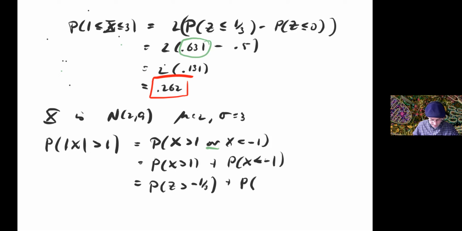You're going to get negative 3 over 3, so that z is less than negative 3 over 3, which is negative 1.